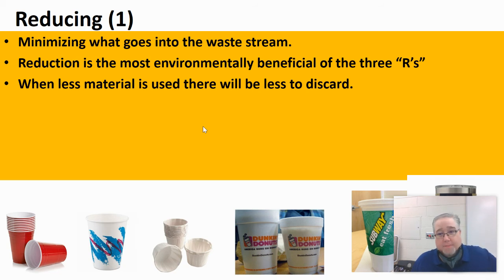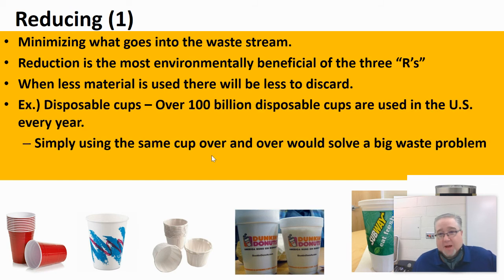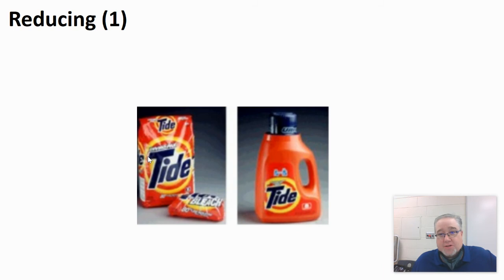What a better way to help solve the problem. For example, we talked about disposable cups yesterday. Instead of using a dozen plastic cups in a week, maybe you can use the same cup over and over again. They can be used more than once.